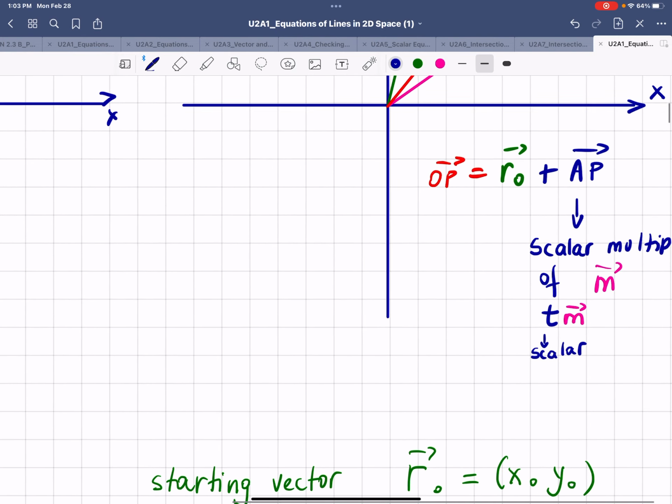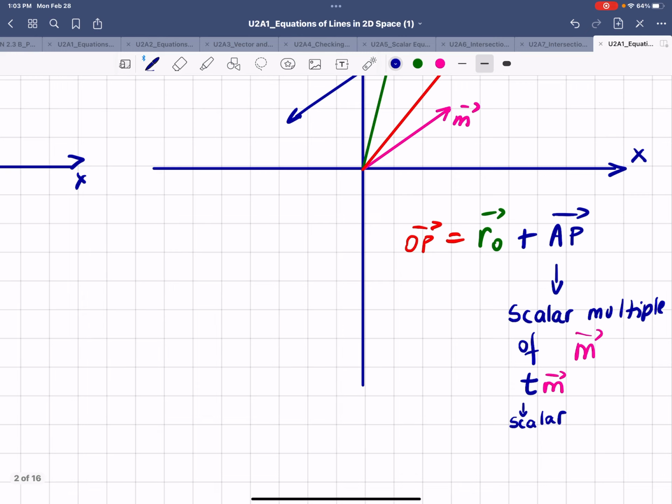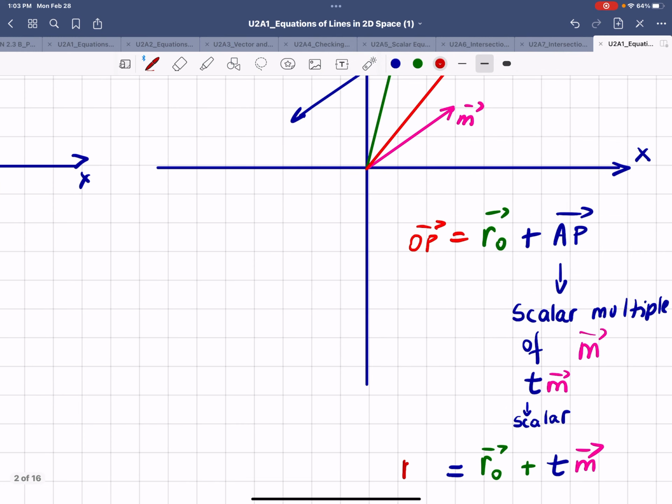So let's now take another look at our equation. So we can say that vector OP equals vector R0 plus T times the direction vector M. So here goes vector OP, and we denote vector OP by the letter R, lowercase r.